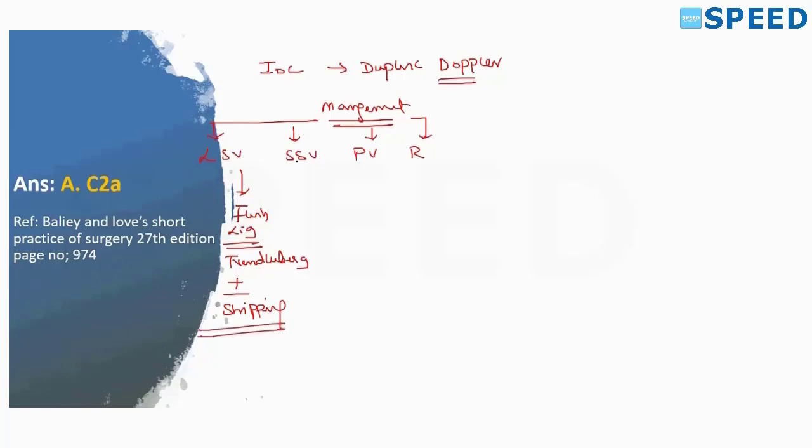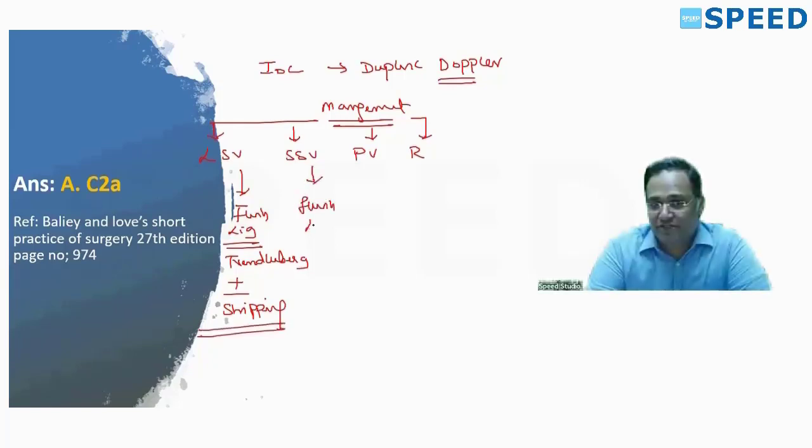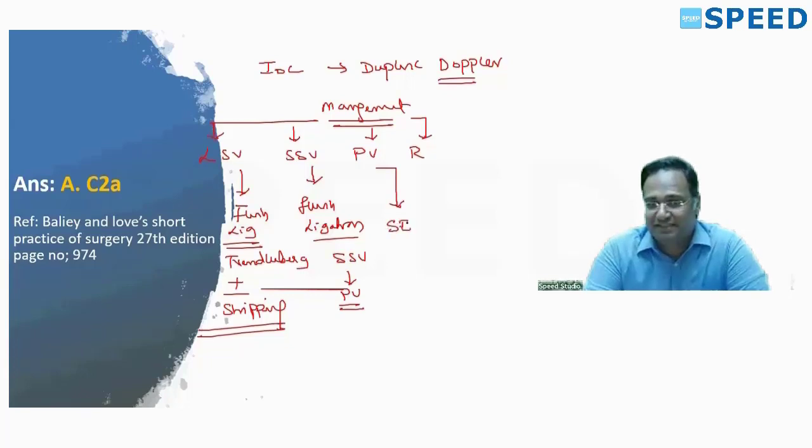If it is the short saphenous vein, treatment is flush ligation of the short saphenous vein to the popliteal vein. If it is the perforator venous system, the treatment of choice is SEPS, subfascial endoscopic perforator surgery. If it is a reticular vein, the treatment option is sclerotherapy.